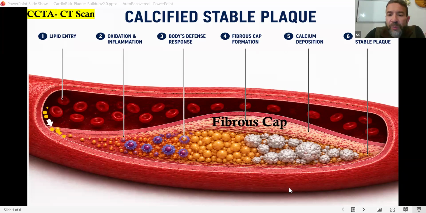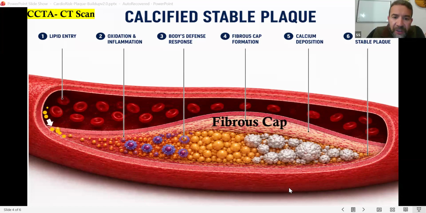Now, this calcium score helps estimate the overall plaque burden in the arteries. A CCTA, on the other hand, goes further, and it provides more information. It can show us the degree of stenosis, and it can also identify the type of plaque. Is it stable calcified plaque, or is it high-risk, unstable, non-calcified soft plaque?